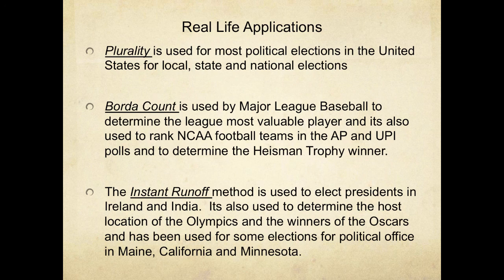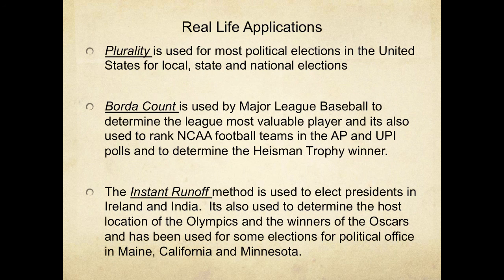I'll go through here just listing where these different methods are used. Plurality is used, of course, in most political elections in the United States for local, state, national elections. Borda count is used by Major League Baseball to determine the league most valuable player. And it's also used to rank NCAA football teams in the AP and the UPI polls and to determine the Heisman Trophy.